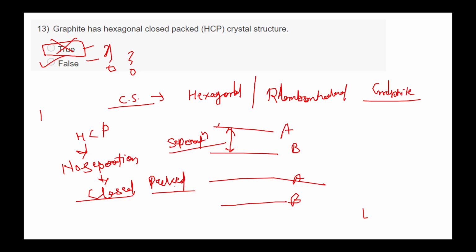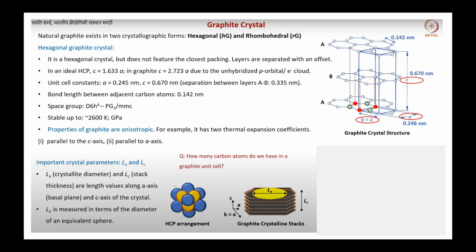Yes, sir. So here also you can see this is your SCP. Here you can see it is close-packed. You see there is no separation, right? And here, can you see the separation between two layers or not?